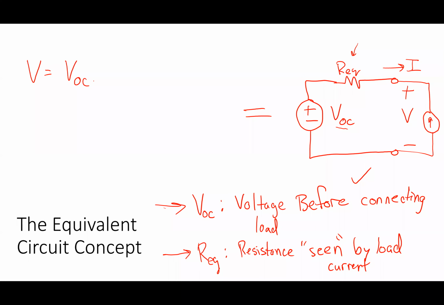The component of the voltage from VOC is just VOC. What's the component that I get from that current source? It's negative I times REQ.